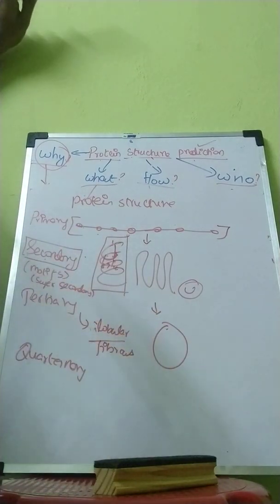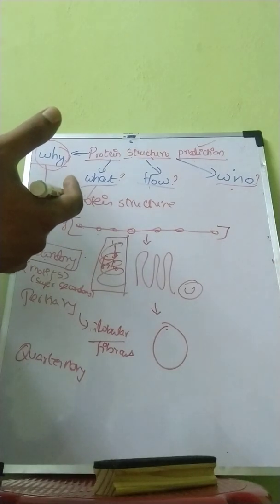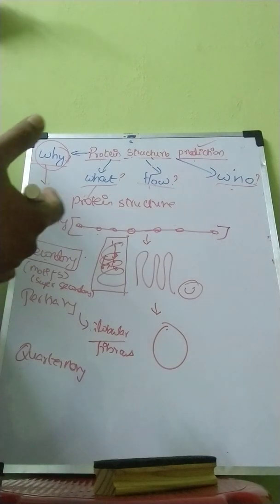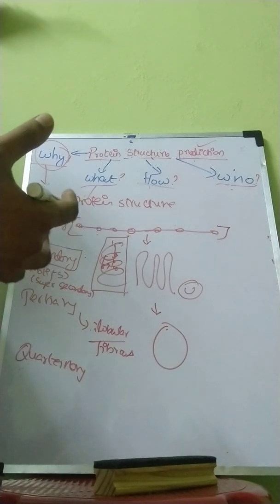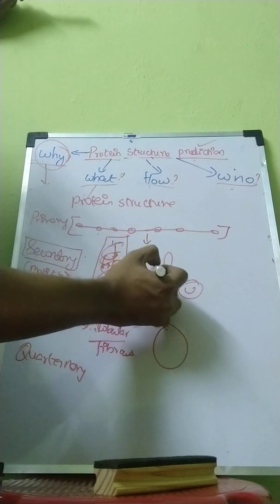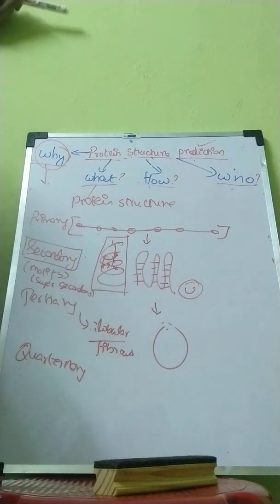If more than 5 or 6 amino acids, basically 10 amino acids or more, together form a kind of chain structure which is stabilized by internal hydrogen bonds, it looks like a sheet, isn't it? That's why it is called beta sheet.